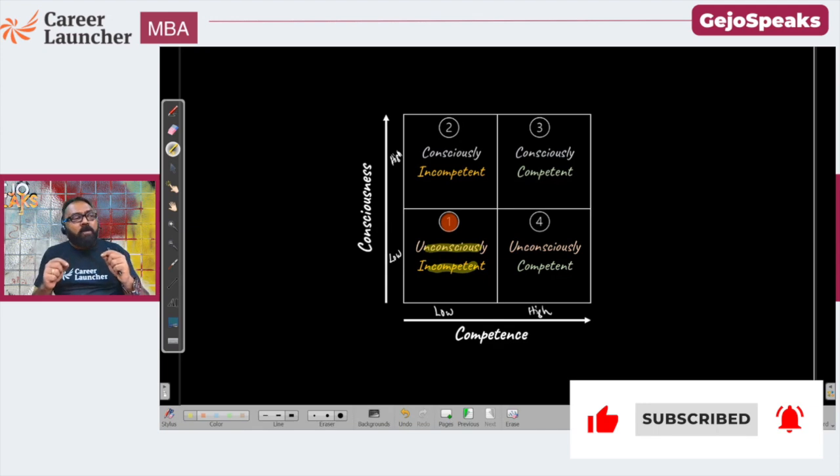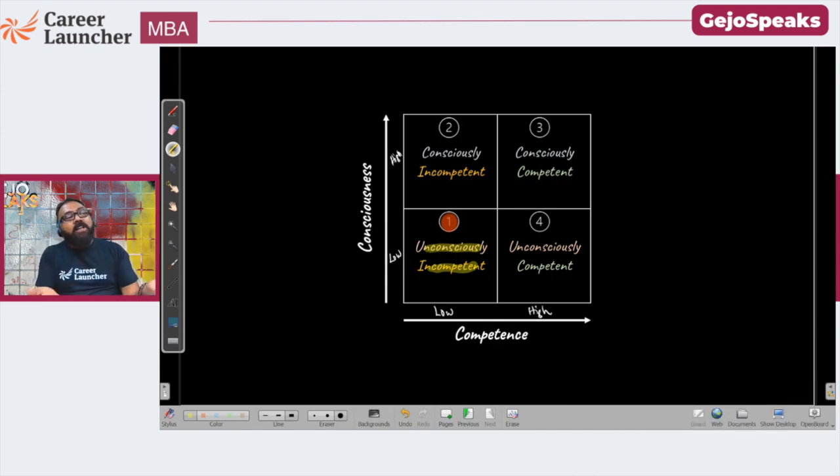What that means is that I don't know that I don't have that skill. I'm unaware that I don't have a skill. You can look at any skills that you developed, before the start of it there are a lot of things I don't know about what is required to ace that particular activity, right?